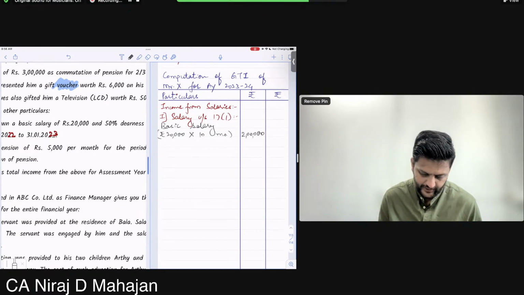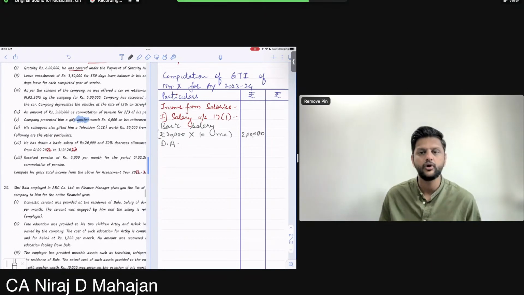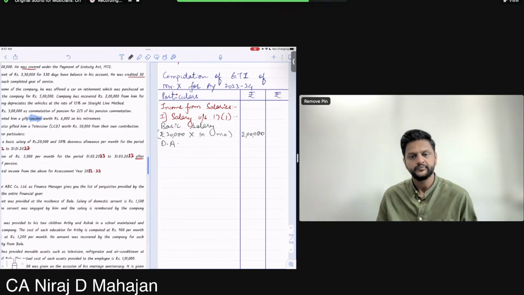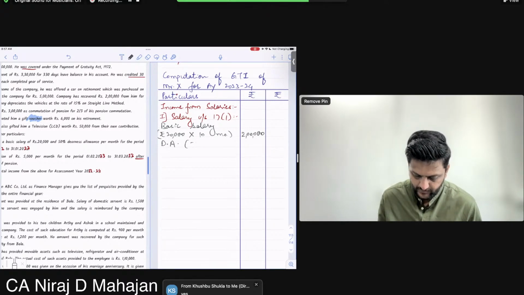He was also getting DA. Is DA fully taxable or no? Tell me quickly, everybody. Yes, DA is fully taxable. Always keep that in mind. So 50% of 2 lakhs.